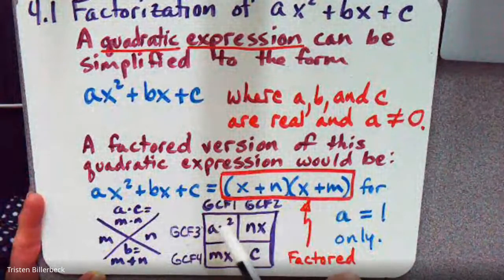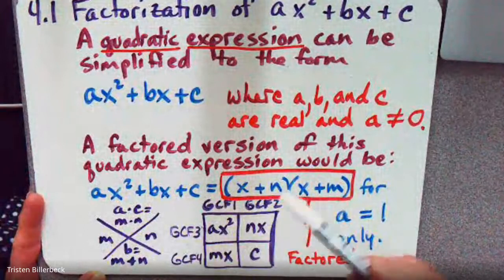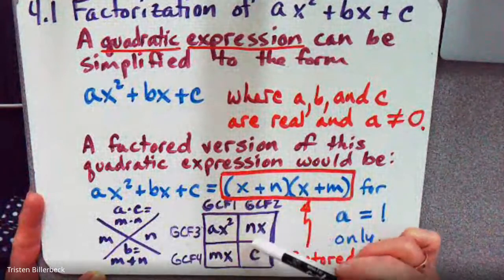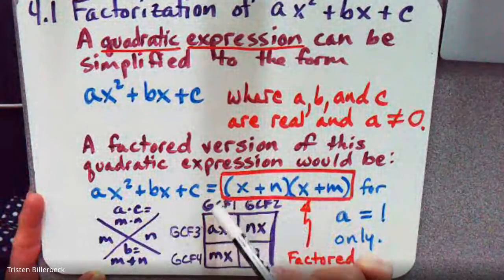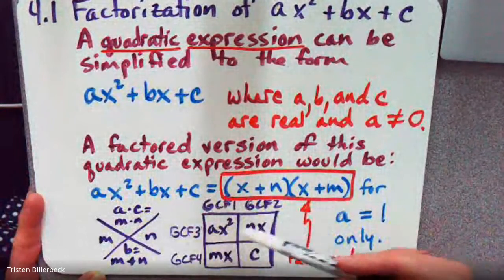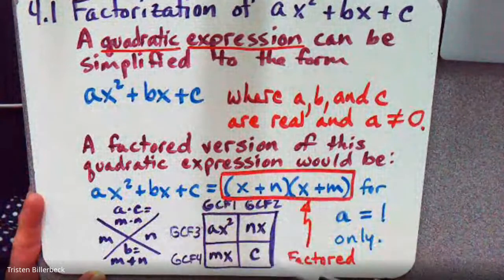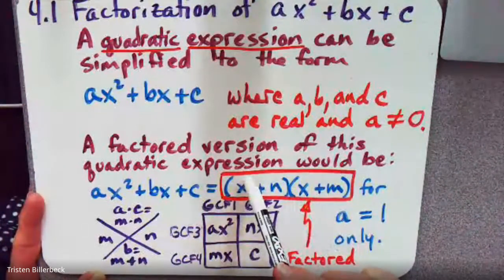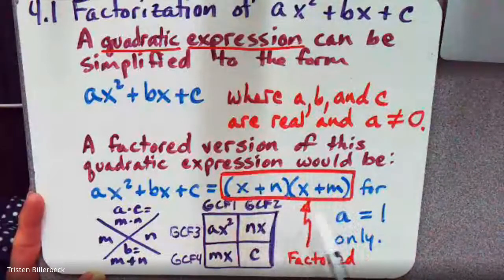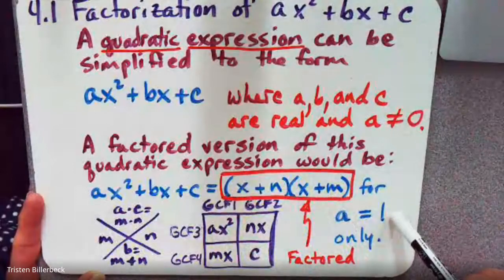So we're given the area for this square. We do that by finding the greatest common factor for this column, the greatest common factor for this column, the greatest common factor for this column, and the greatest common factor for this column. Then we add those together, and it usually comes in a form like this. This is highly simplified for the factored form, and this is only if a equals 1.